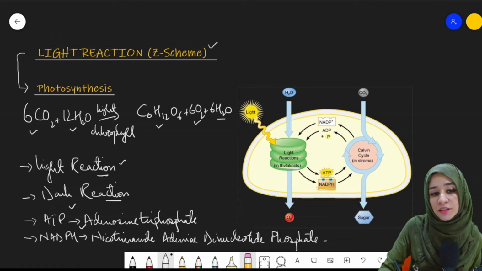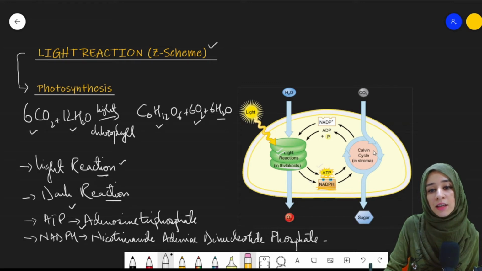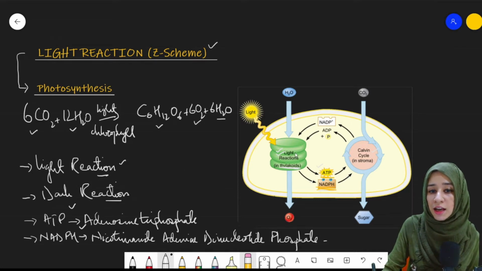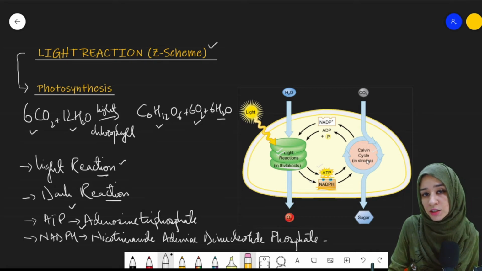So these high energy molecules are produced during the light reaction, whereas both of these high energy molecules are utilized in the Calvin cycle or the dark reaction. So the production occurs in the light reaction and the utilization occurs in the dark reaction.